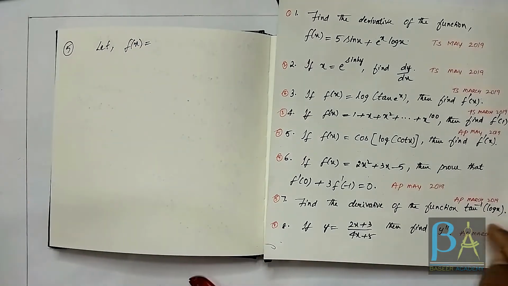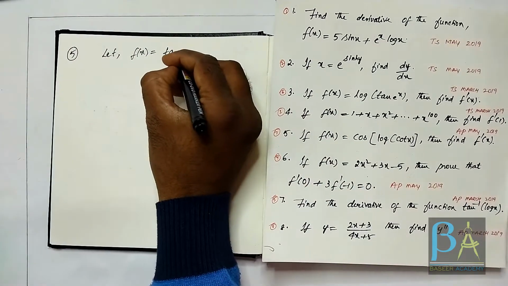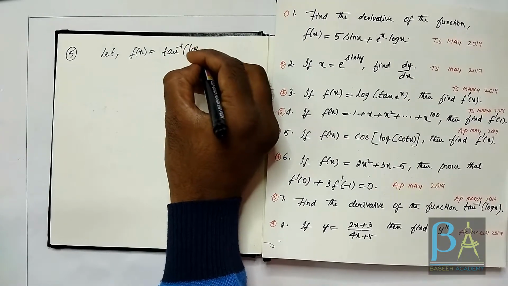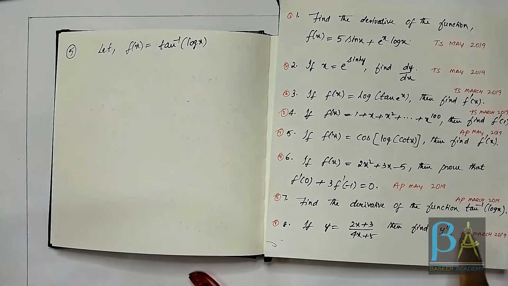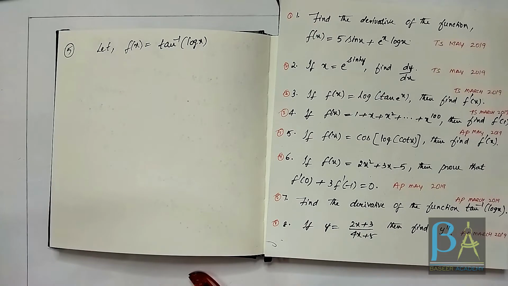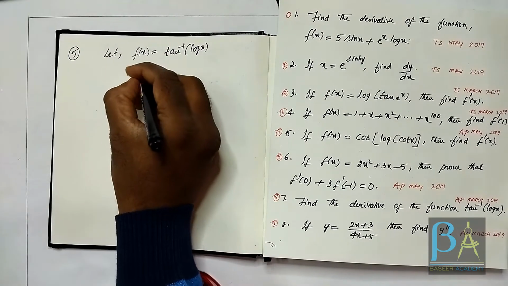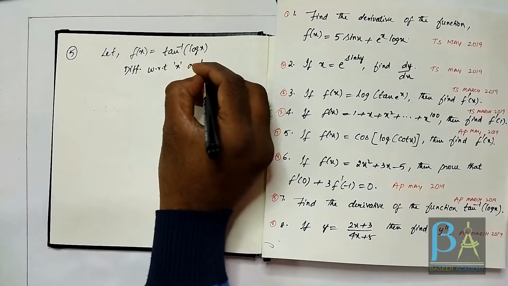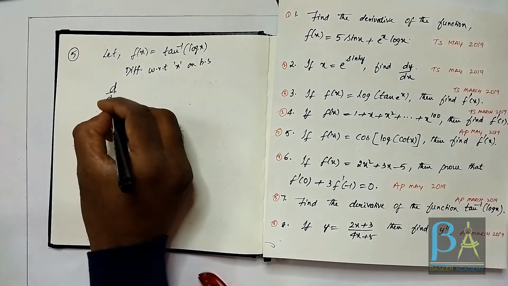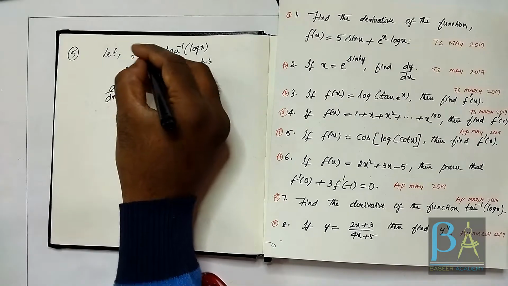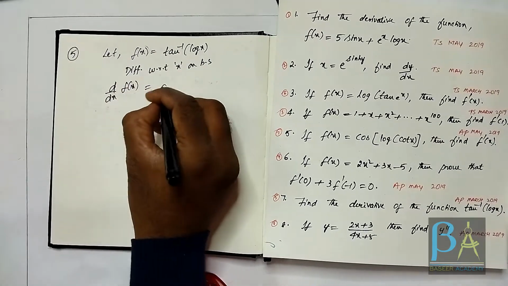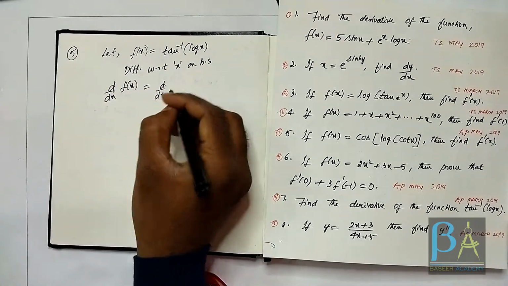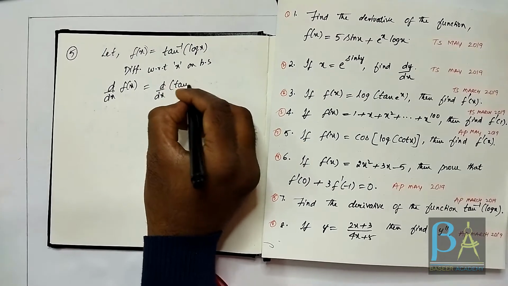So f of x is given as tan inverse of log x, and we are supposed to find the derivative of this function. So I'm going to differentiate with respect to x on the left hand side, and then I'm going to differentiate with respect to x the right hand side as well.